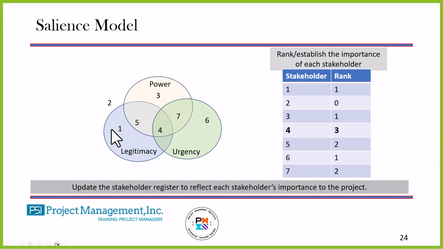We have another tool that's called a salience model. In this, we are ranking the stakeholders for their level of importance to the project. Power. How much power do they have? The guy in Fergus Falls, the son, number 1 or 2, he had a lot of power.